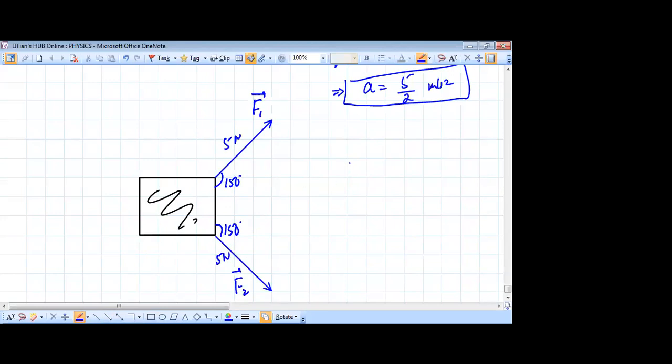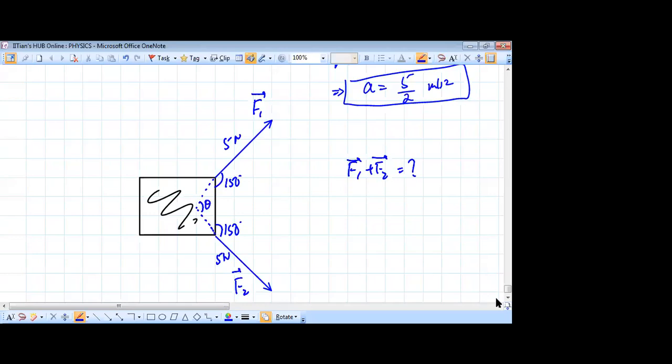So now from this diagram we want to find out what is F1 plus F2. So you have to understand, we have to extend this like this to understand what this angle is. What this angle is. Okay.